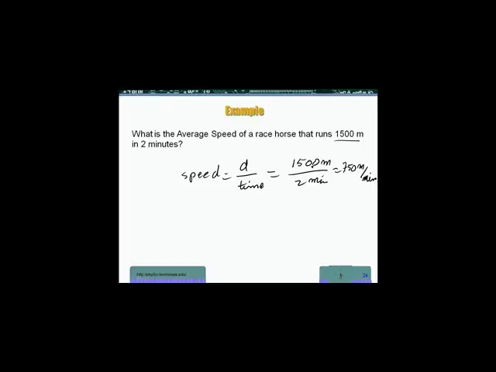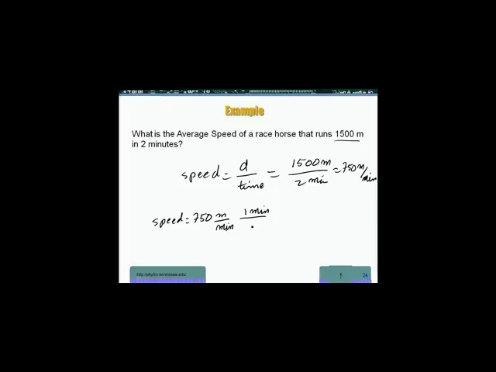Since they didn't tell me to express the answer in particular units, I can leave the answer here as meters per minute. But just for the sake of review, I'm going to change the unit to meters per second. So if I have a speed that equals 750 meters per minute, to convert it to meters per second, to get rid of the minutes, I need to put 1 minute here on the numerator to cancel the minutes.